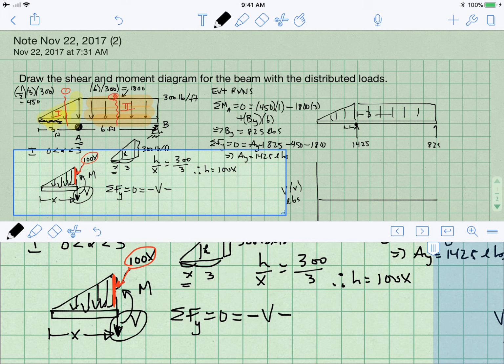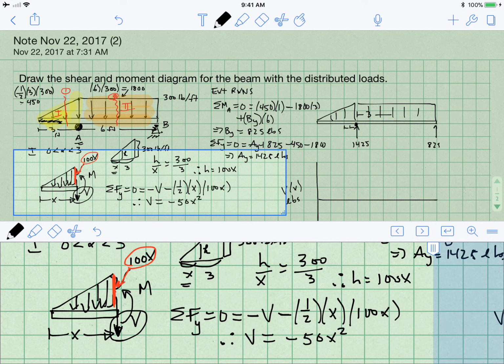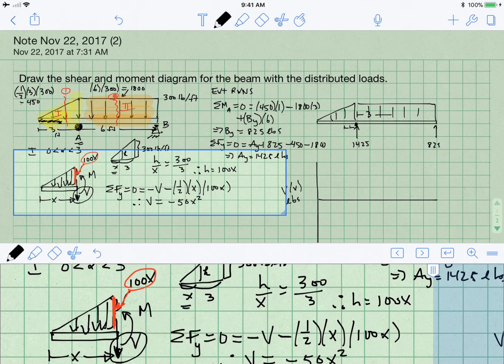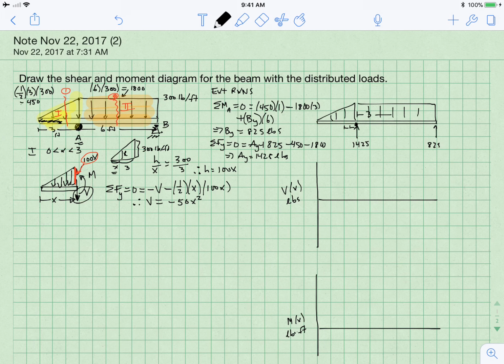So it's the area of the triangle. So I have a half times the base, which is X, times the height, which I just figured out was 100X. And so therefore, the shear in this region of the beam is going to equal minus 50X squared. All right, and so if we take a look at the beam, at X equals 0, shear will be 0.